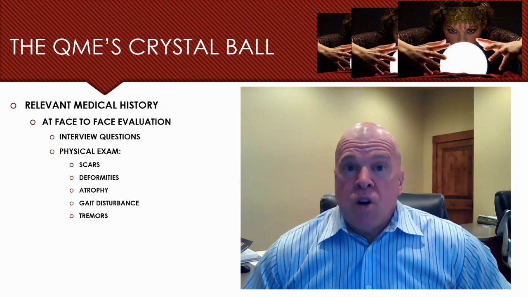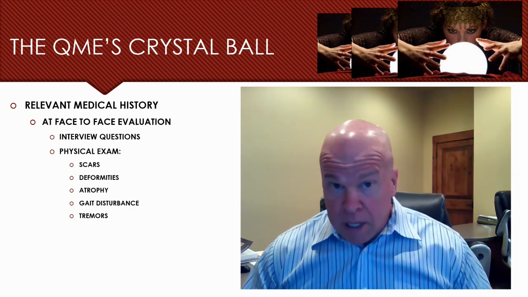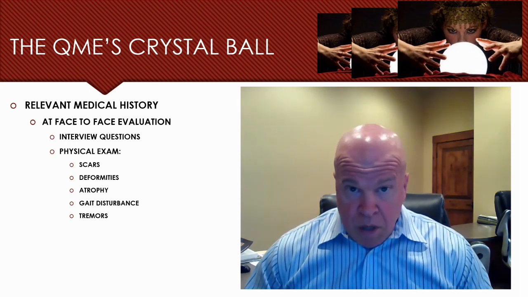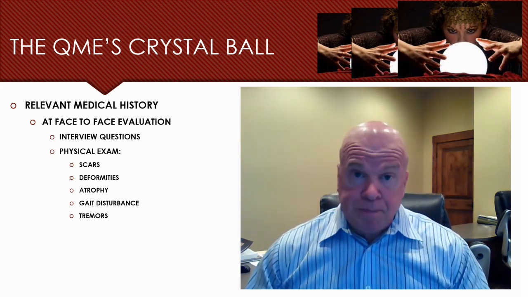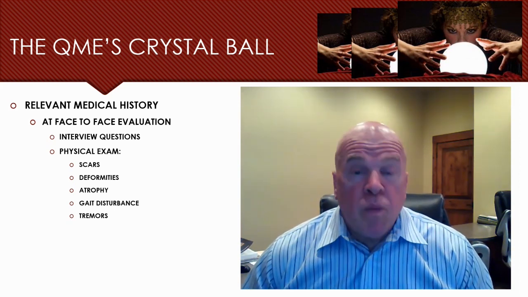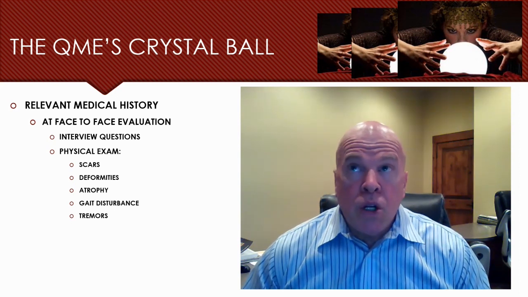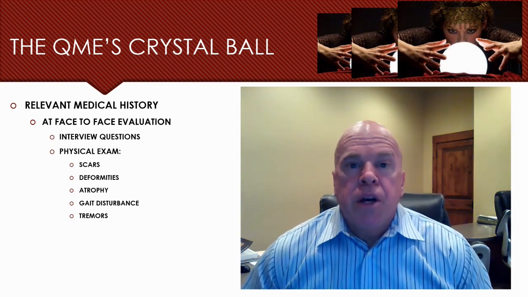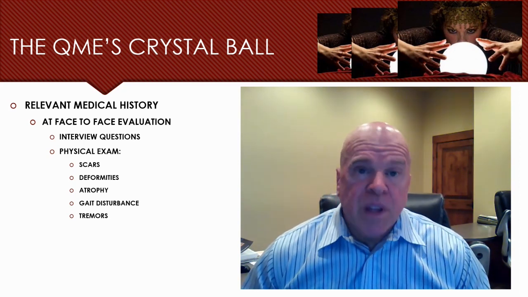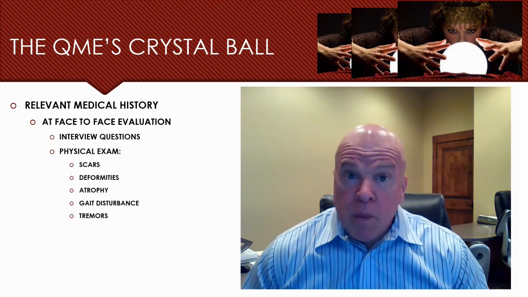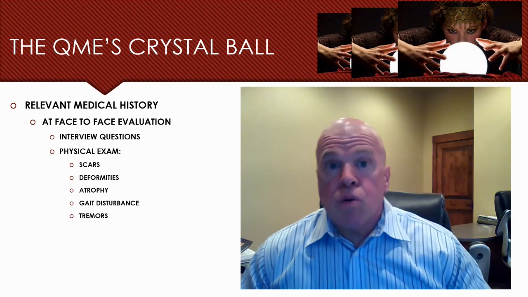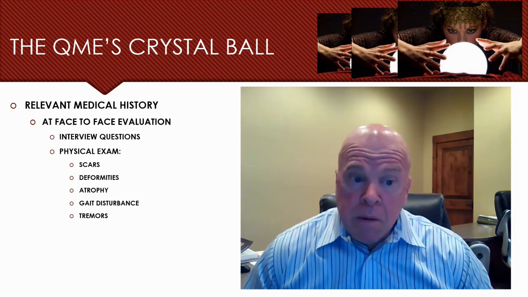After we exhaust the examinee's memory verbally regarding prior injury and or medical treatment to the same or similar body part, we then assess the examinee non-verbally, and we look for physical findings that could indicate a prior history of injury, such as the presence of scars, such as the presence of a deformity of the same or similar body part, or a body part that could impact through compensable consequence the involved body part.